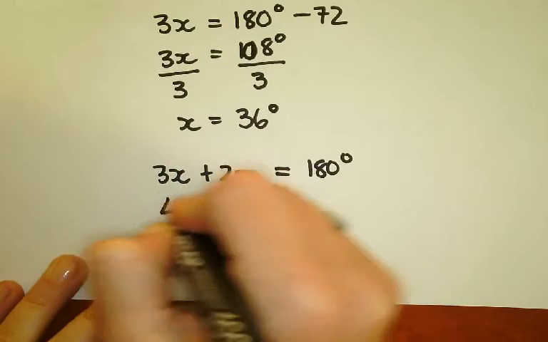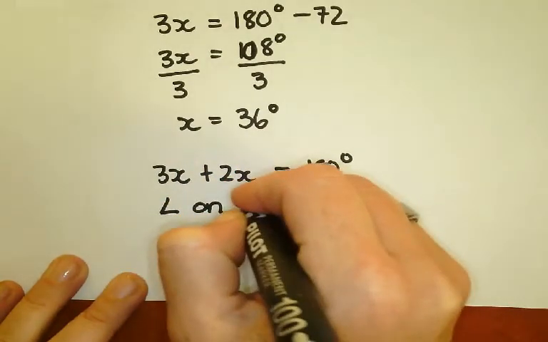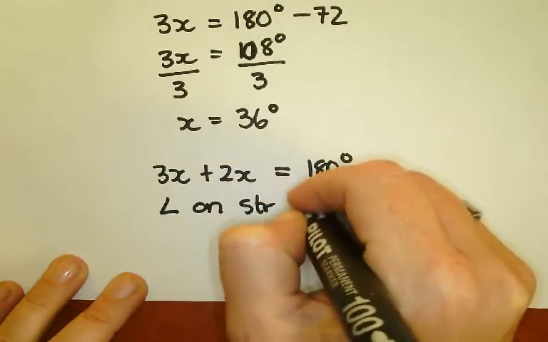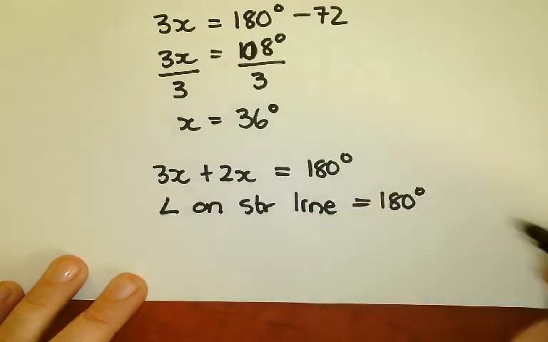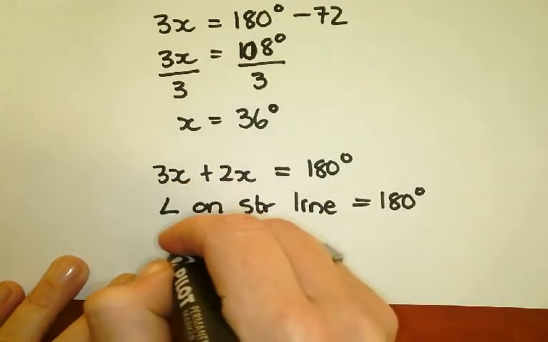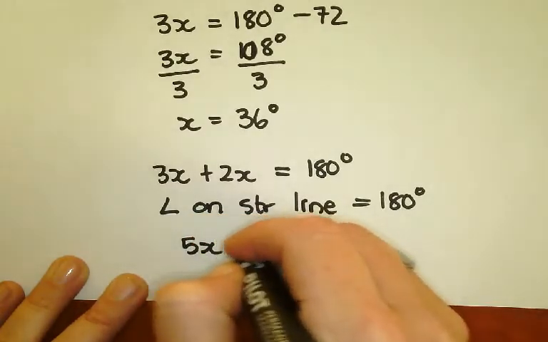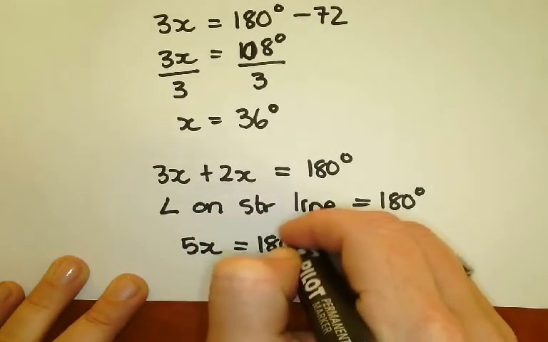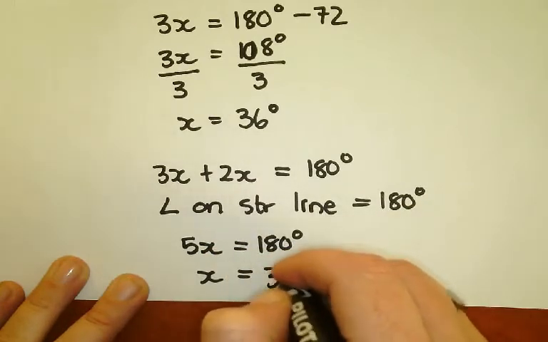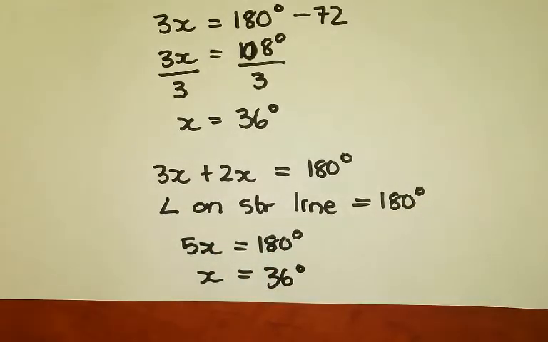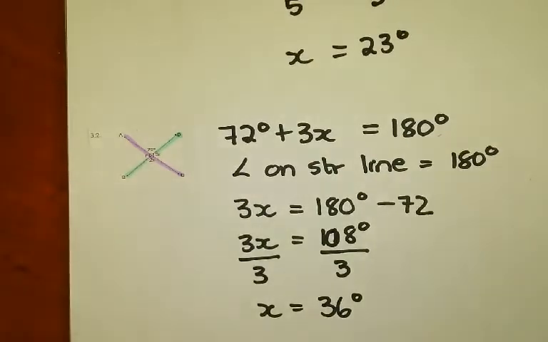I can't just make the statement, I have to give a reason. Angles on a straight line equals 180. I simplify, so I'm going to get 5x equals 180. Divide both sides by 5, so I'm again going to get x equals 36.